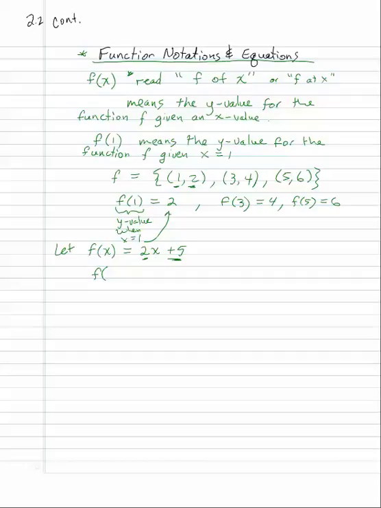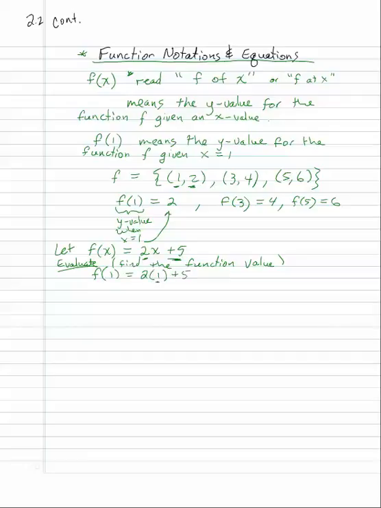So if this was the function rule, then for f of 1, I could say evaluate or find the function value. F of 1 would be 2 times 1 plus 5.